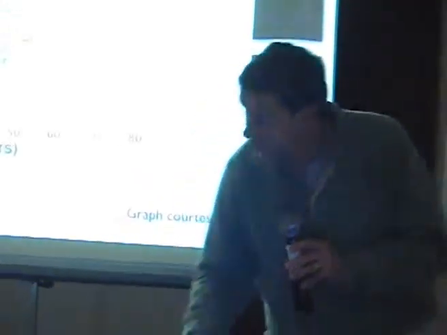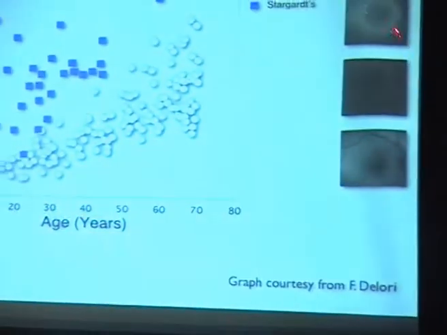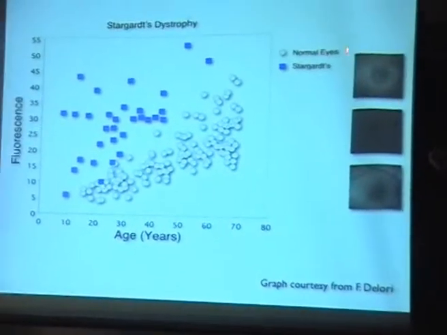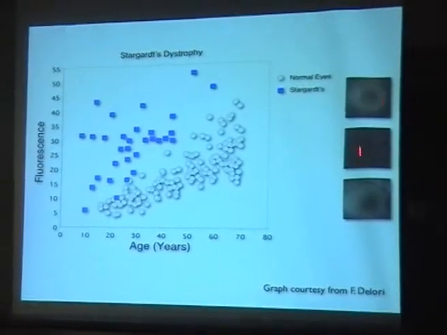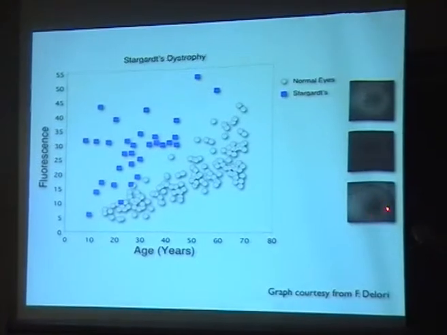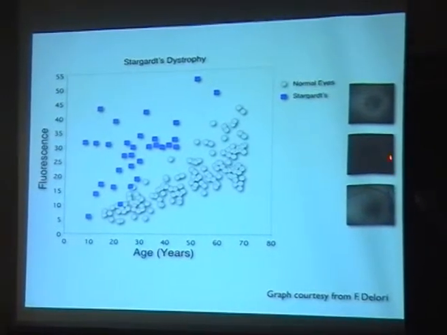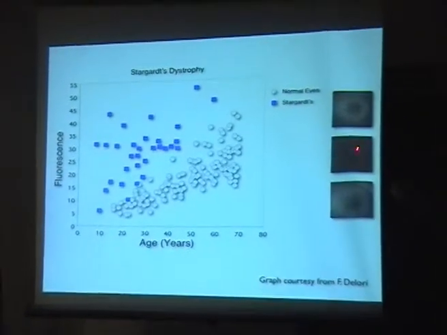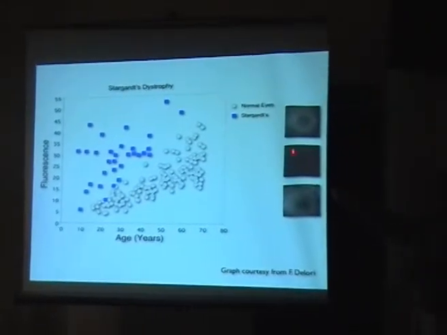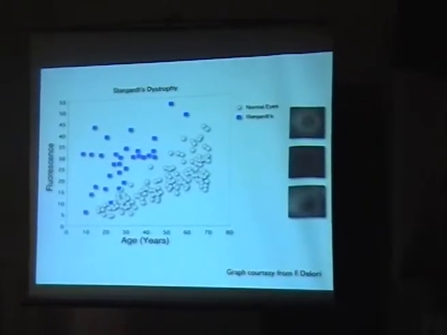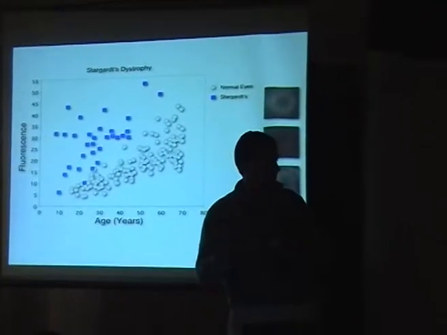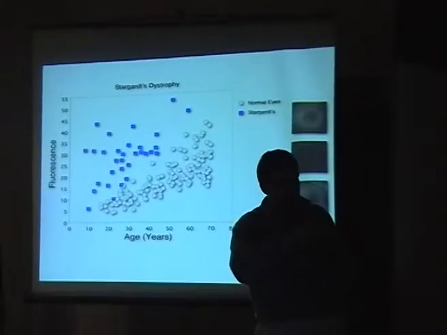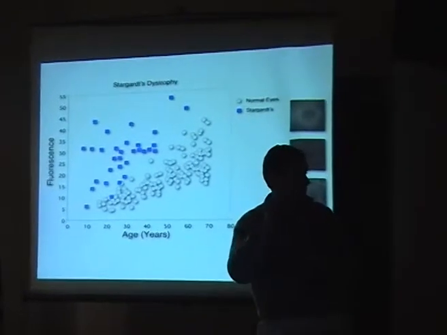Just to give you an idea, don't look at the flecks, just the fluorescent background: it is similar to that of the 51-year-old, and the 13-year-old normal subject of the same age is much, much less. So just looking at the background, you can have an idea whether you have some RPE dysfunction or not.